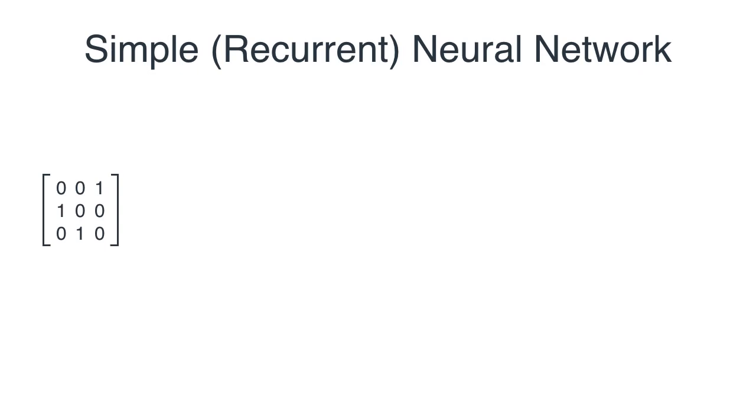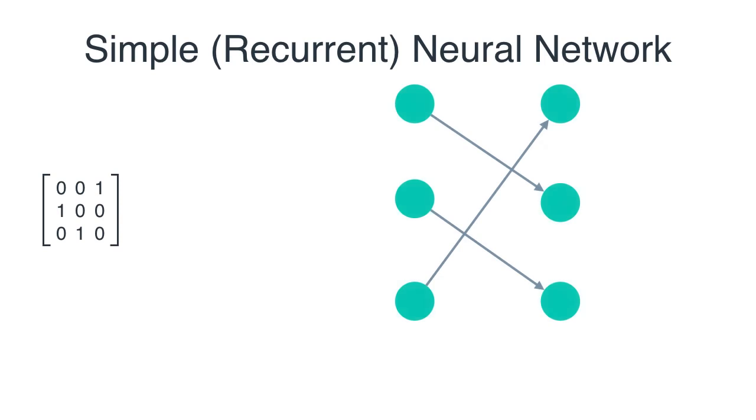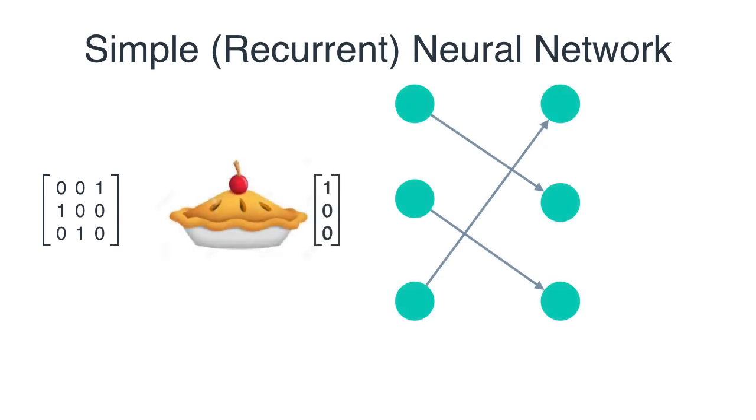But as before, if you like neural networks more as a diagram with nodes and edges than as a matrix, this is how it looks. And the way it looks is the following. If I have, for example, my vector corresponding to the apple pie, these entries in the vector go here. Now I haven't drawn all the edges, but I've only drawn the edges that have label 1.